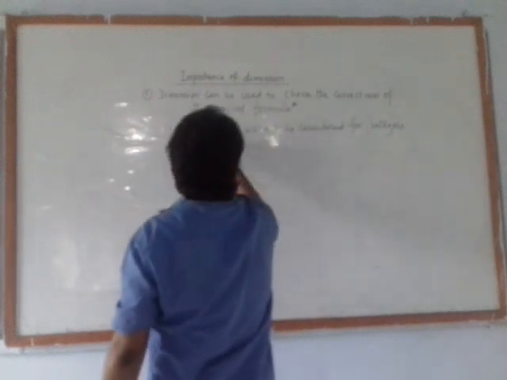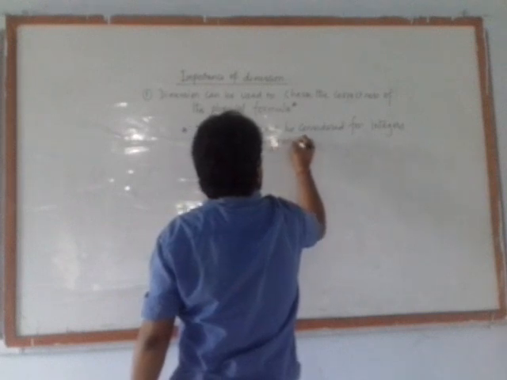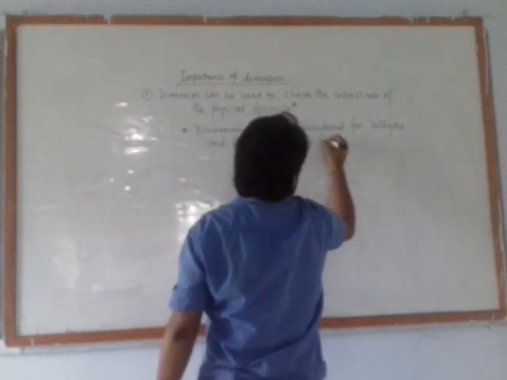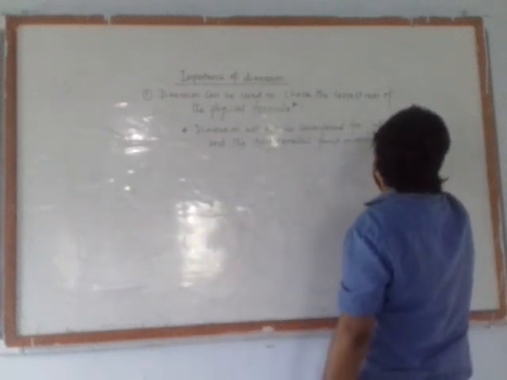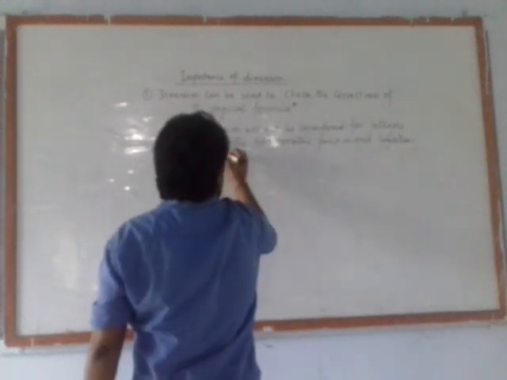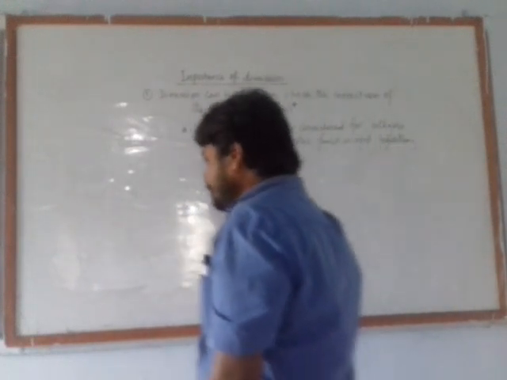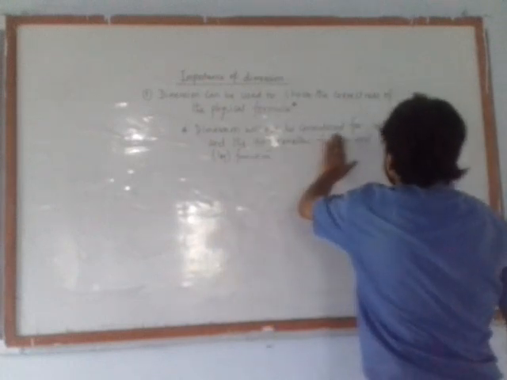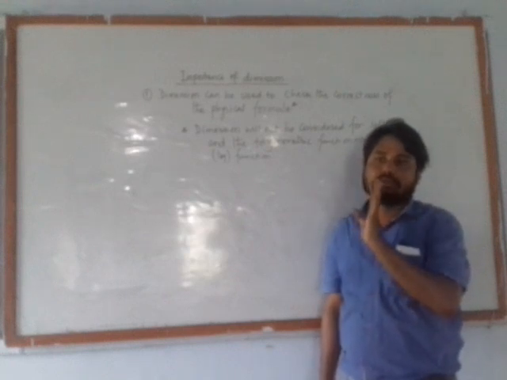and physical functions. We are not able to use the dimension for integers, any integers, because there are two types of constants and two types of variables.